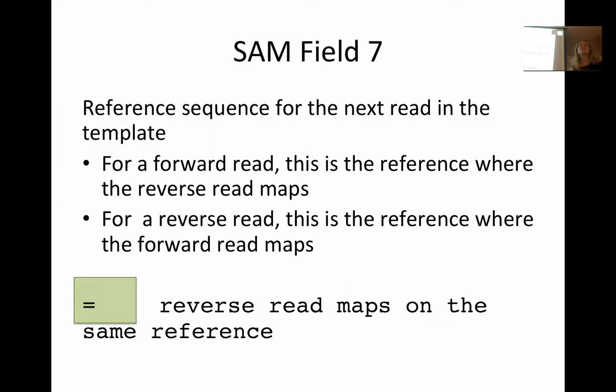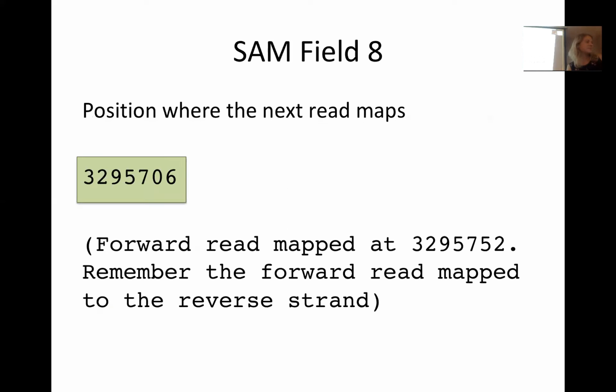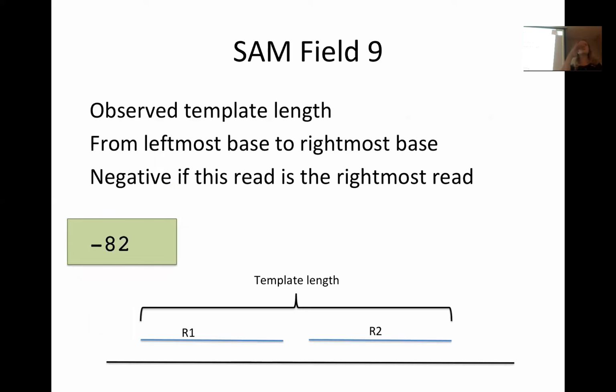And again, this is just to save space. So if your reference name is 30 characters long, you can just slam an equals in there and save yourself 29 characters. The position where the next read maps. So again, this makes it easy to do on-the-fly calculations about whether or not your paired reads are actually mapping in a reasonably good relative location to each other.